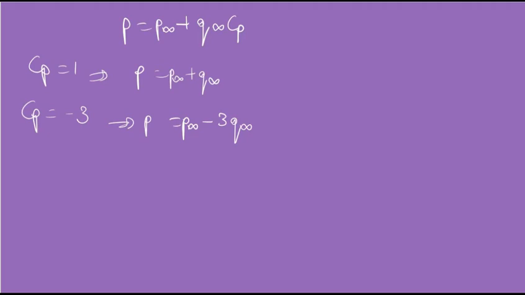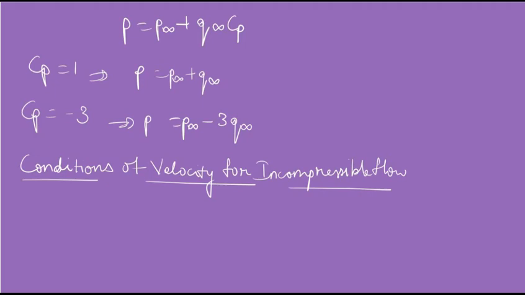Now moving on to our next topic, that is, what conditions we have on velocity for incompressible flow. So the moment I say incompressible flow, what comes to our mind?